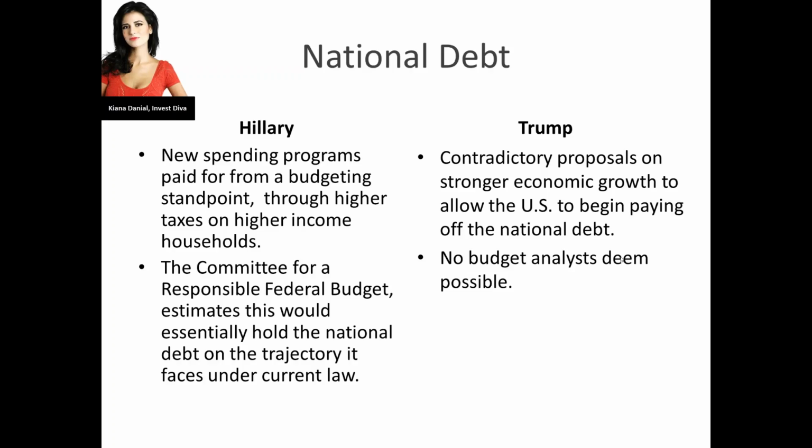And the Committee for a Responsible Federal Budget, which is an organization that advocates for debt reduction, estimates that Hillary's spending and tax policies would essentially hold the national debt on the trajectory it faces under current law.